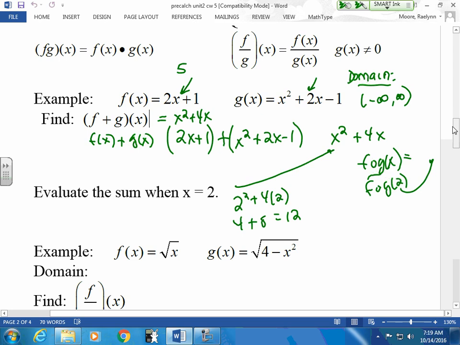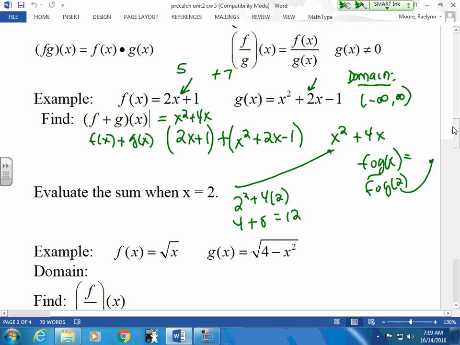So that gives you 8 minus 1 is 7. And is that equal to 12? Yes. So if you're going to prove that it works, that's a good way to prove it. Evaluate it. All you have to really do is plug it into your final answer. If you want to make sure that you did it right, you can always do it together like that.